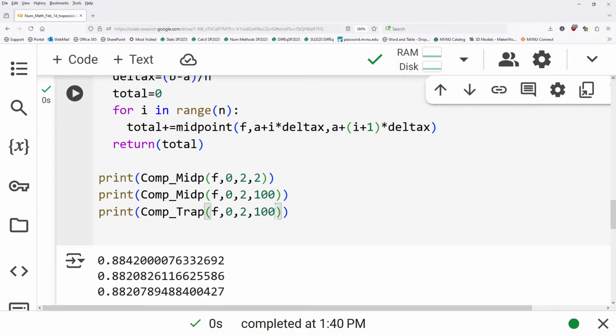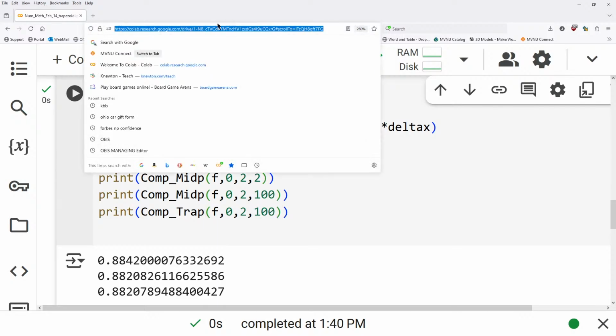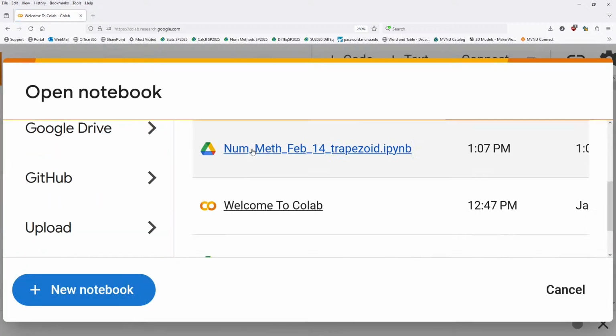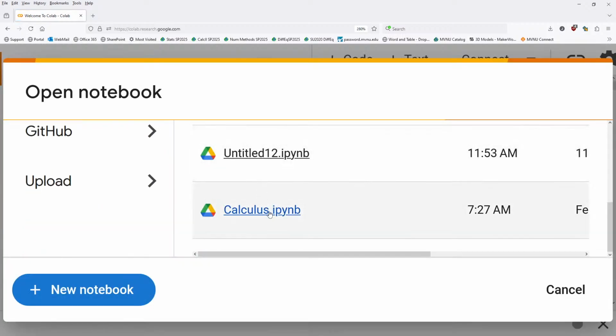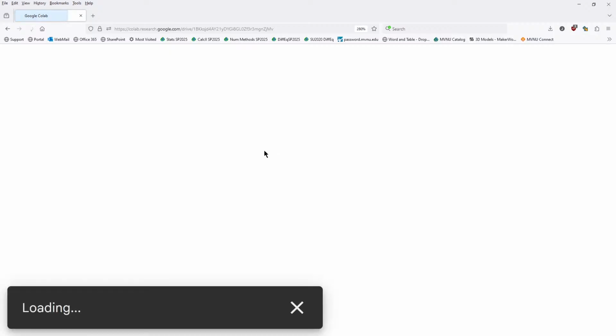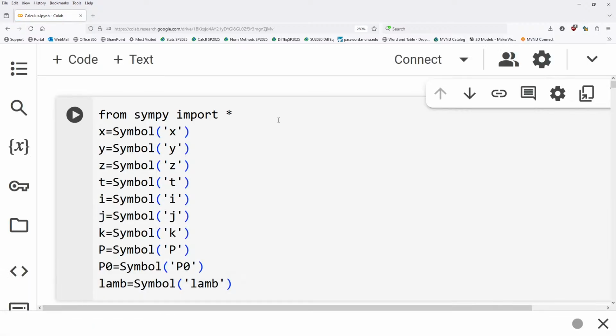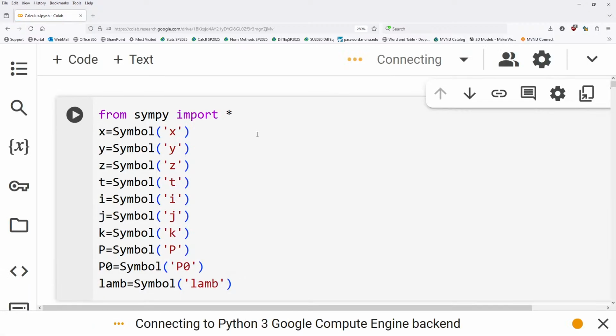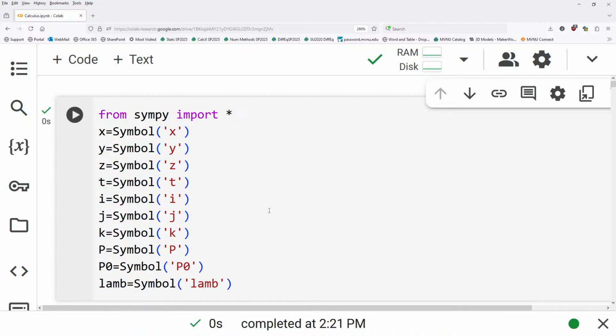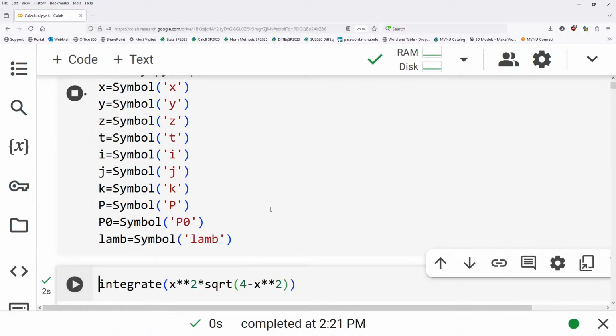Let's see if I go to GoLab. There it is. Let's see, what do I have here? Calculus. Let's do some calculus. Okay, just a sec. And then we'll move down one, and then we'll integrate.